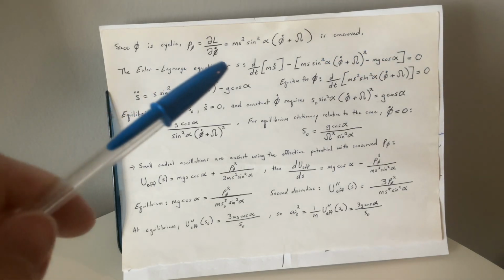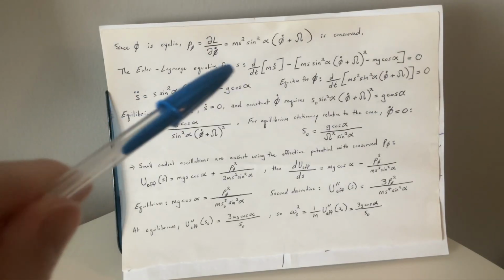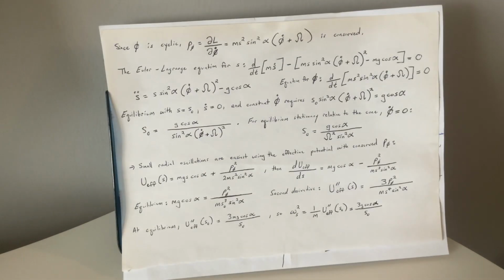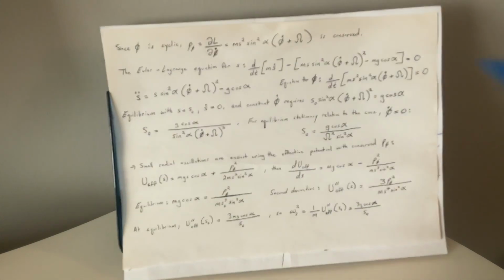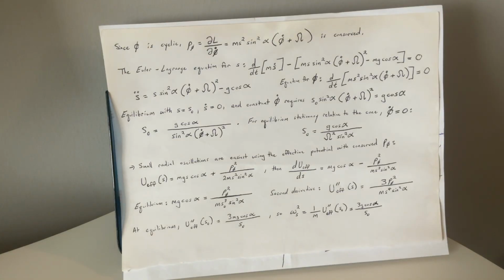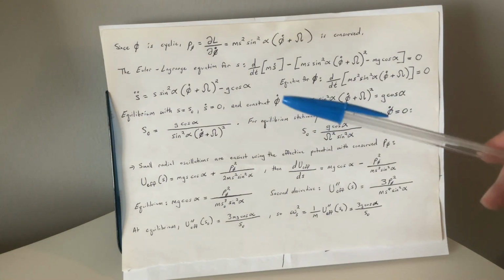So the Euler-Lagrange equation for s: d/dt of m s dot minus m s sine squared alpha times the quantity lowercase phi dot plus capital Omega, squared, minus mg cosine alpha, equals 0. And s double dot equals s sine squared alpha times the quantity lowercase phi dot plus capital Omega, squared, minus g cosine alpha.